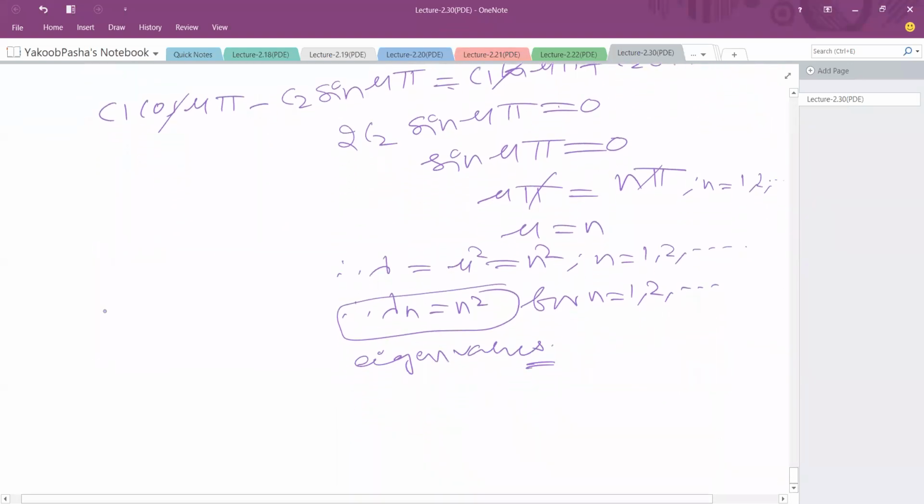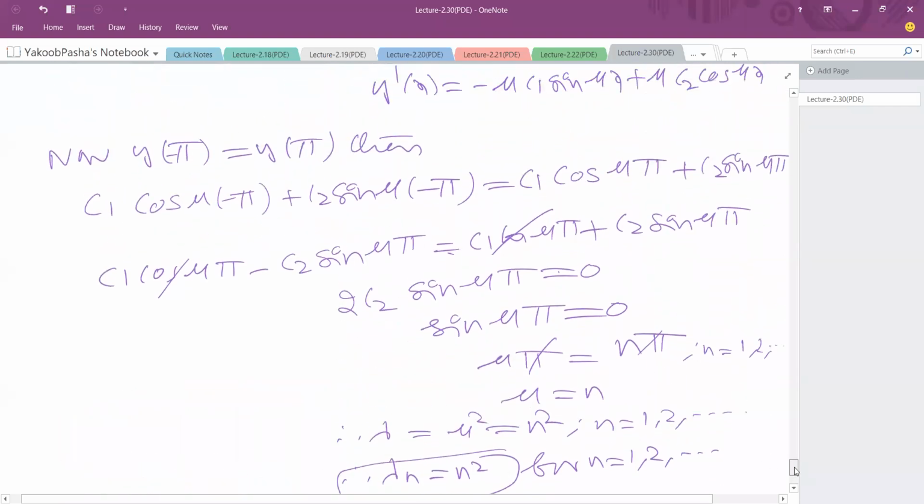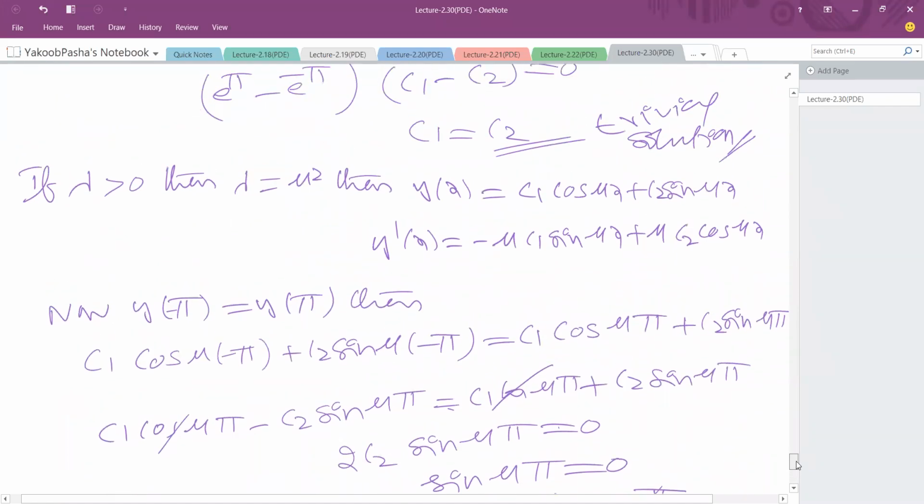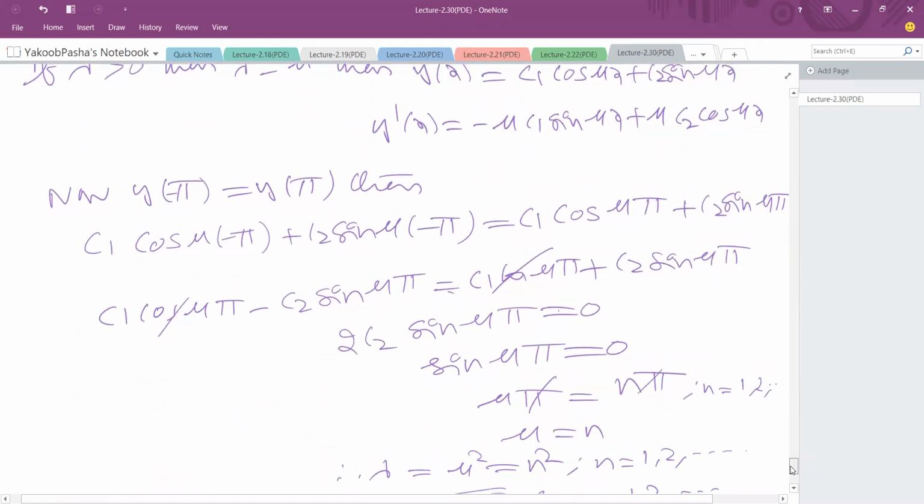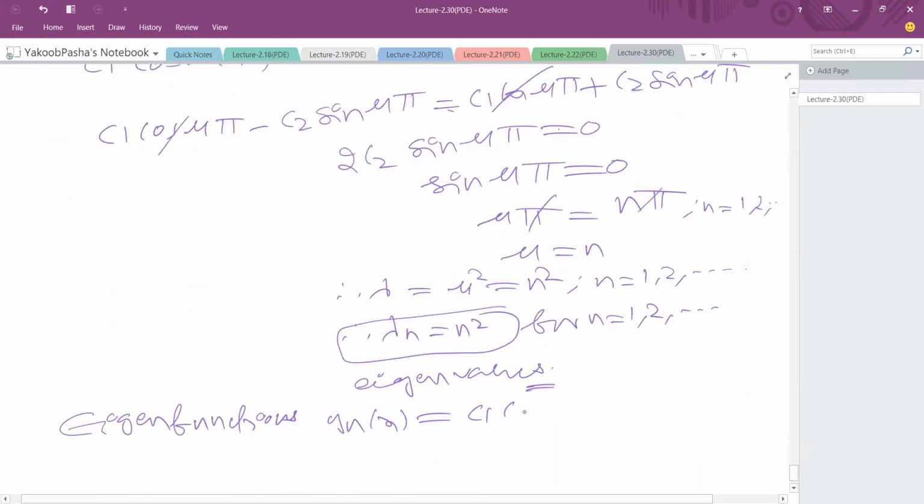Now, the corresponding eigenfunctions. I am writing Yn of x is equal to C1 cos mu x plus C2 sin mu x, where mu is equal to n. So C1 cos nx plus C2 sin nx.